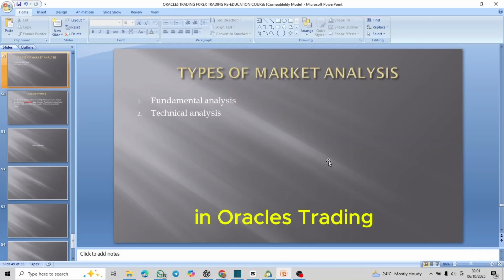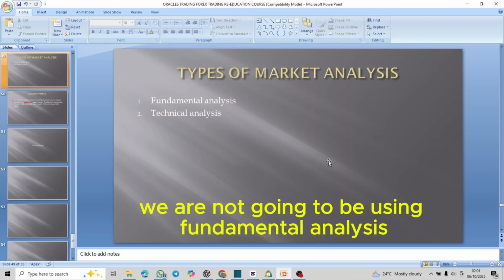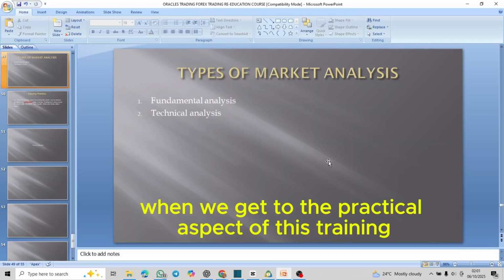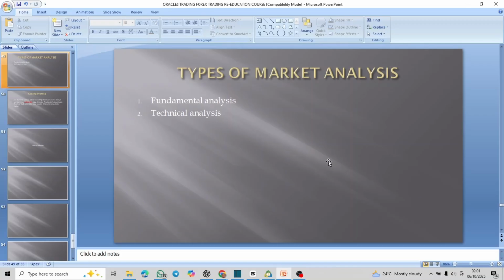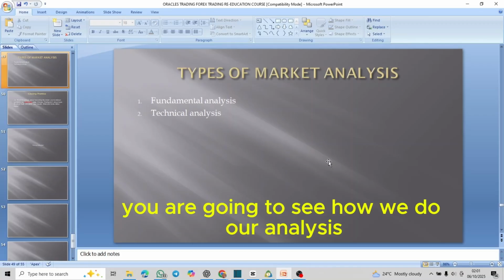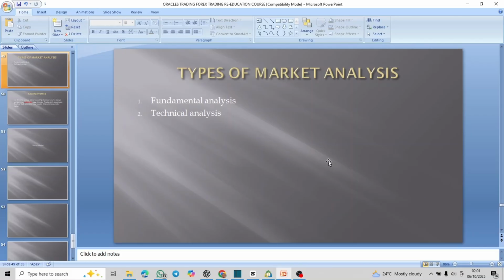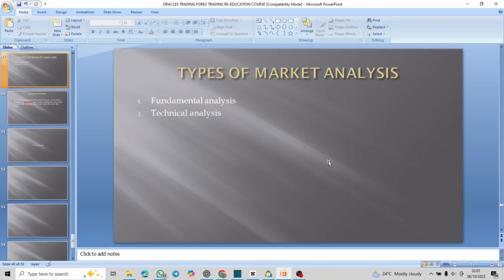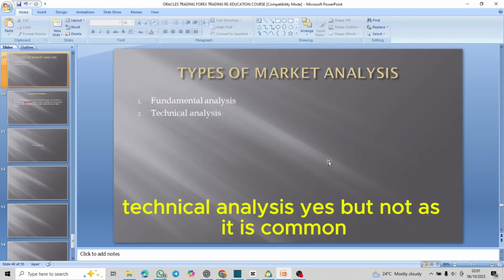In Oracle's Trading, we are not going to be using fundamental analysis. When we get to the practical aspect of this training, you are going to see how we do our analysis. So we don't use fundamental analysis. Technical analysis, yes, but not as it is common.